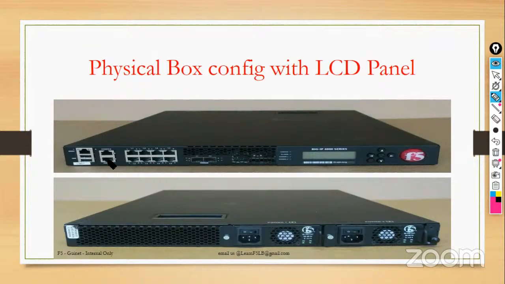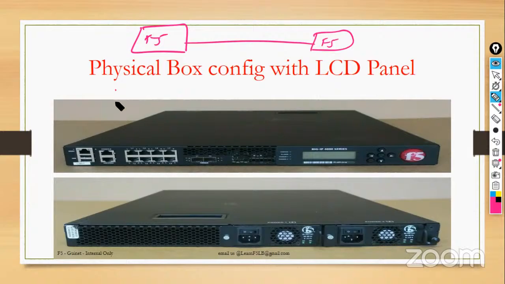And for example, this is the F5 one and this is the F5 two. So how can we configure the HA? Is this the good topology, or this the good topology?